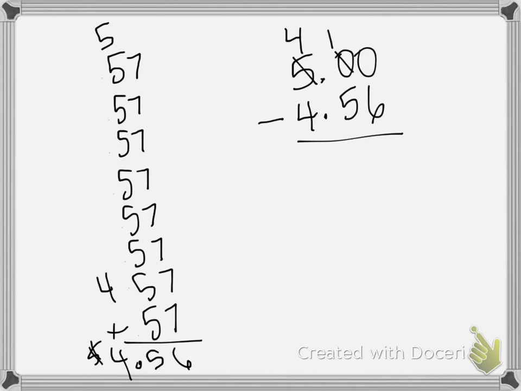And this becomes 10. Now I can borrow that from the 10. That becomes 9, which makes your pennies column 10. So 10 minus 6 is 4. 9 minus 5 is 4. And 4 minus 4 is nothing. So he's going to get 44 cents back.